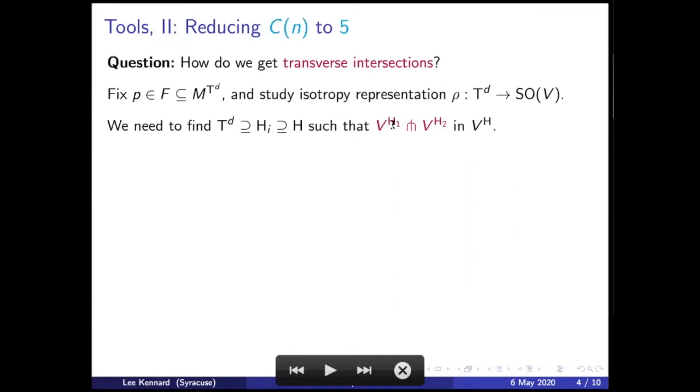So this is the representation, so everything's linear. These are subspaces. And the condition of transversality is just simply that these subspaces together span the whole space. This is the fixed point set of H.